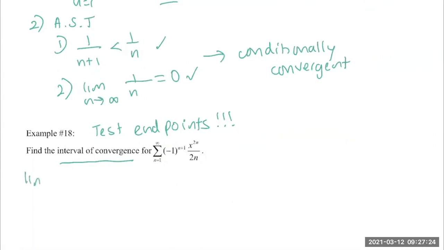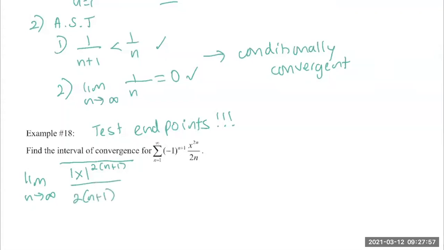So we're going to do the limit as n approaches infinity. We drop the alternating piece because we're taking the absolute value anyway. The only thing that could potentially be negative is your x values, so we put the absolute value on just the x. Remember, it was the n+1 term over the n term. The n+1 should be a quantity that we multiply by 2, so it's 2 times the quantity n+1, and we put it all over 2 times n+1.